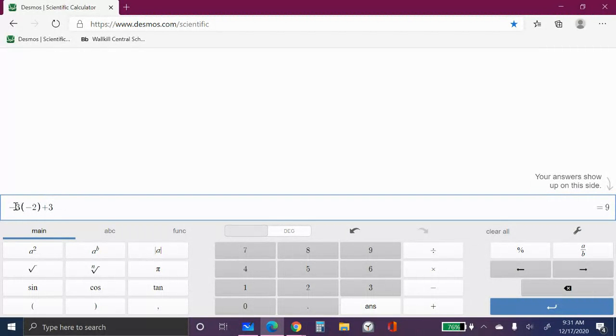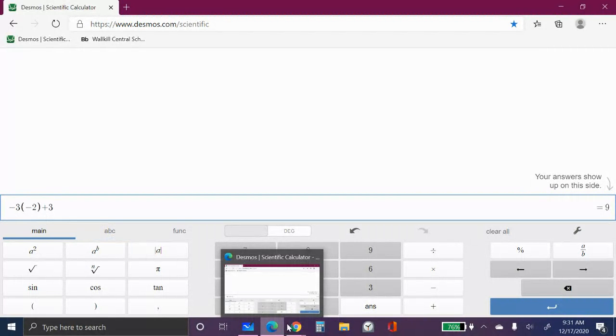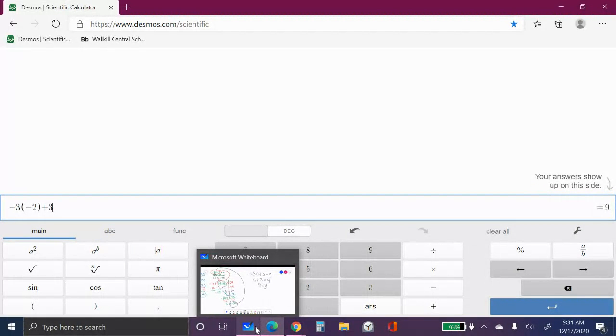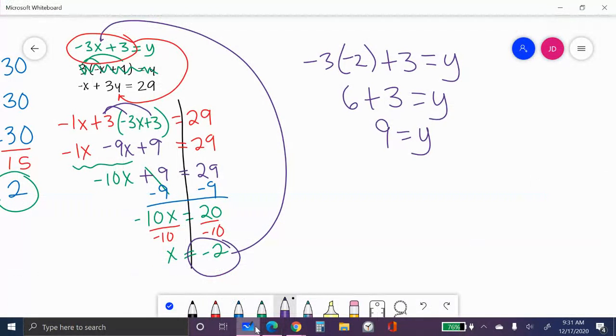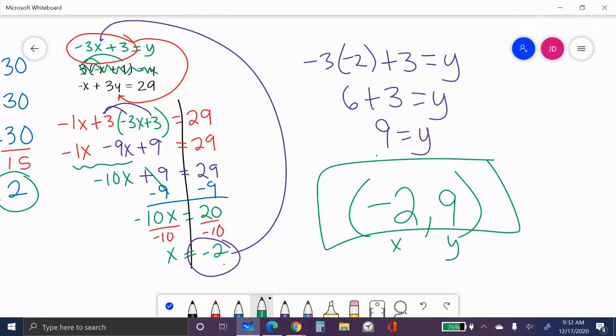Maybe a little quicker, simpler, easier to type it in once you found one of the values in the coordinates to plug it back into the other one. All right. So my solution is negative 2, positive 9. Always remember x, y, right? This is the y value. This is the x value. And we type that in as our solution because they are coordinates.